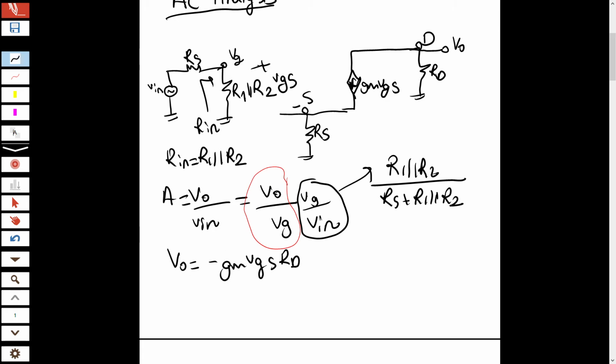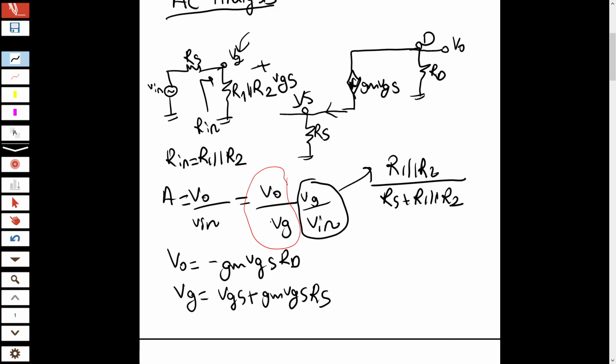We investigate V output over V gate, so we need to find V gate. V gate equals VGS plus gm VGS times R source. I just write here, this current comes into the source side. gm VGS times R source gives me V source, and I added the VGS difference here, and I have come to the V gate voltage.